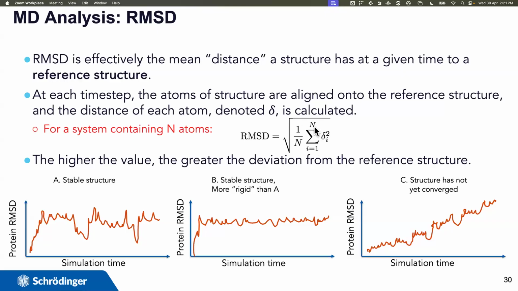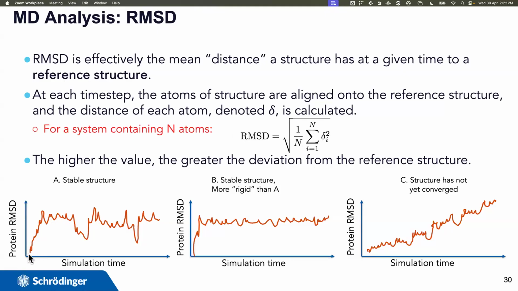Then we add all those terms over all the atoms, divide by the number of atoms, and take the root. What essentially it does is try to see how much your structure is deviating from your original starting point.